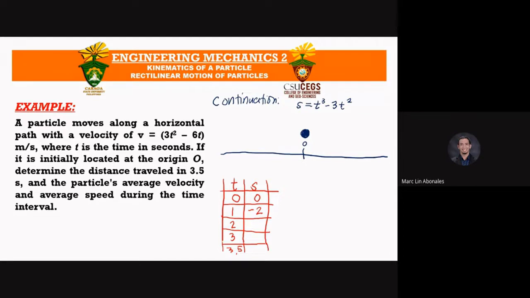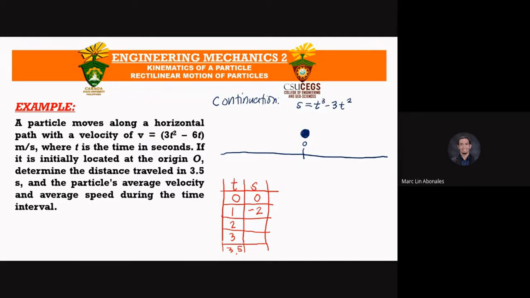As I discussed before, left side indicates the negative position. Right side is the positive position. So therefore, based on the table, it started moving to the left. So negative 2 is for time equal to 1 second.